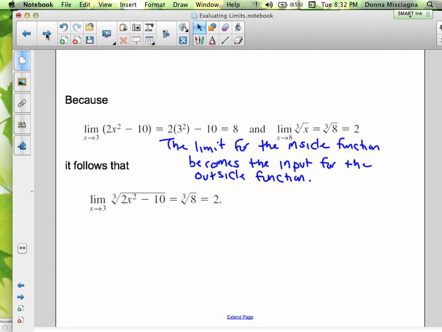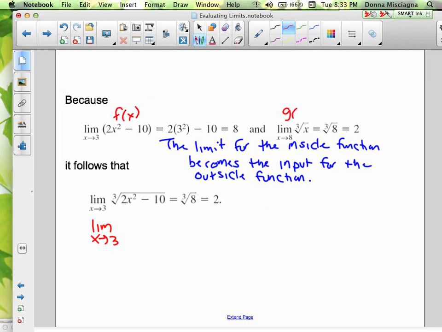So notice that the limit as x approaches 3 of f of x is 8, and the limit of g of x as x approaches 8 is 2. That means, and this will always work out, that the limit as x approaches 3 of g of f of x is also 2.